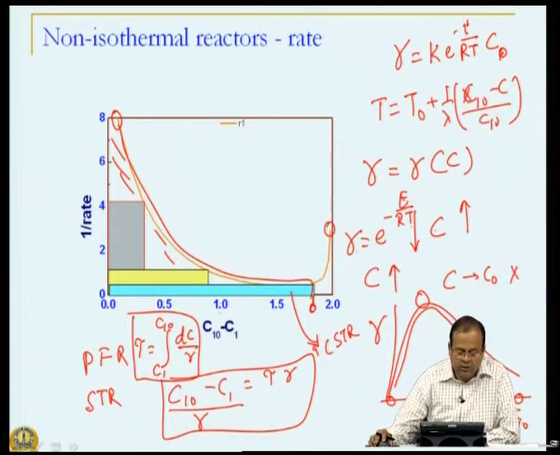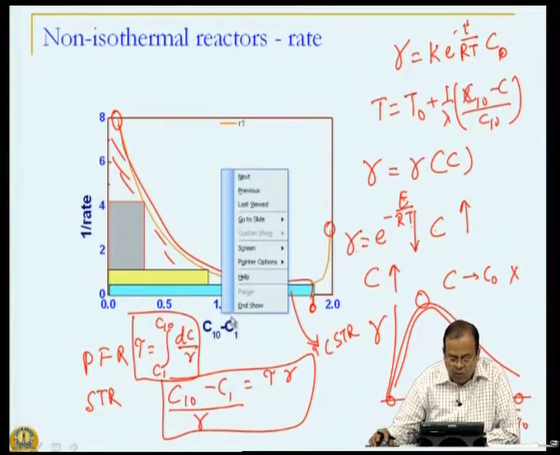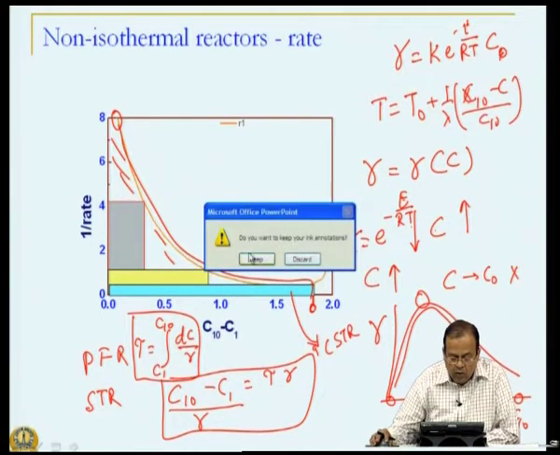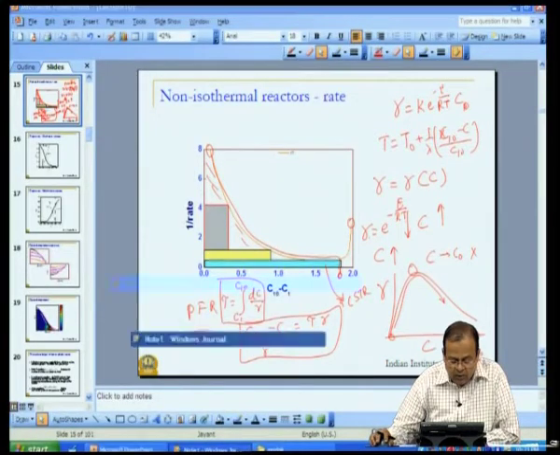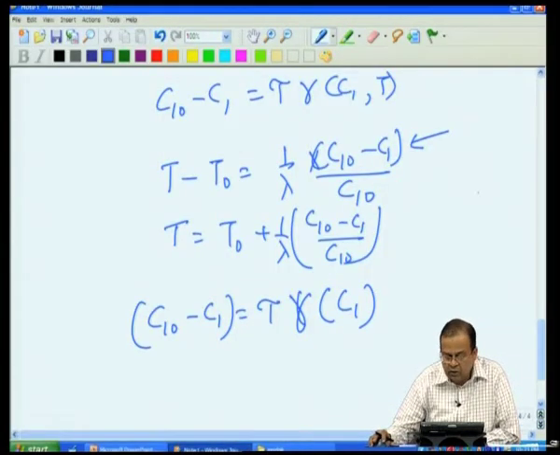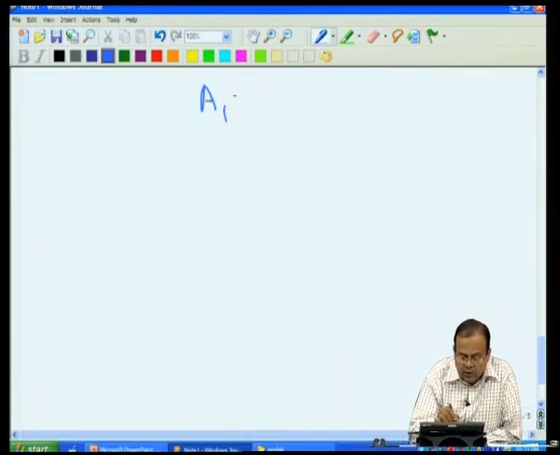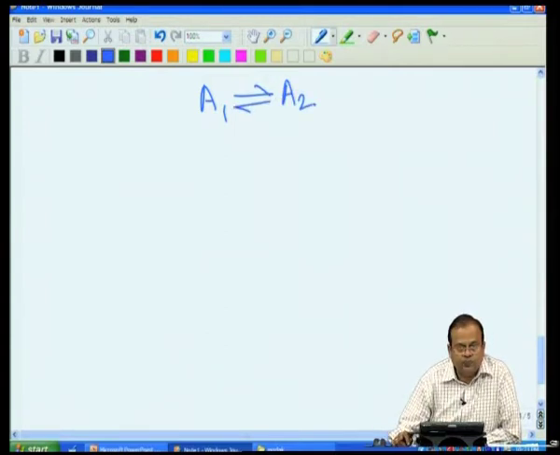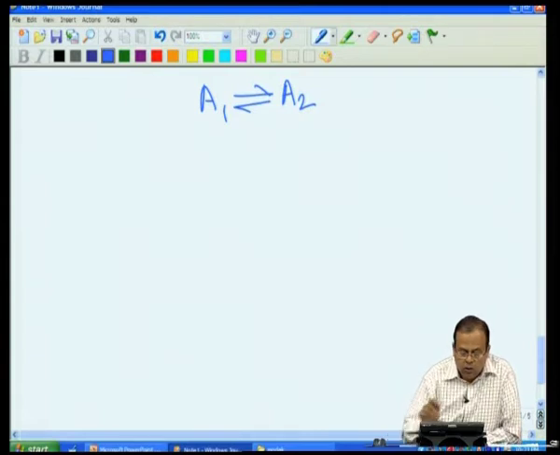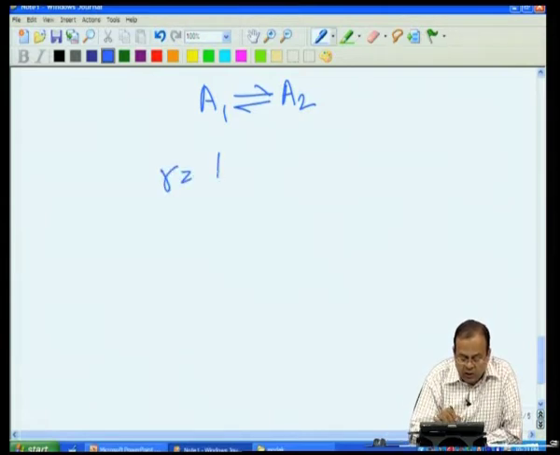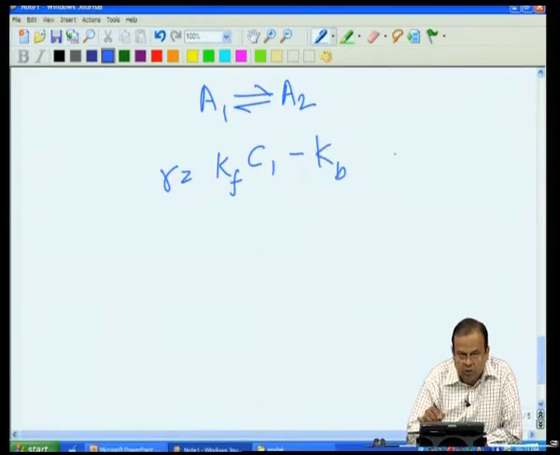So, our energy balances are same as before, but we have to now remember that we are looking at a reversible reaction, or in other words, let us say our reaction is A1 going to A2. So, our rate of reaction is forward reaction rate constant into concentration of C1 minus backward reaction rate constant into concentration of C2.